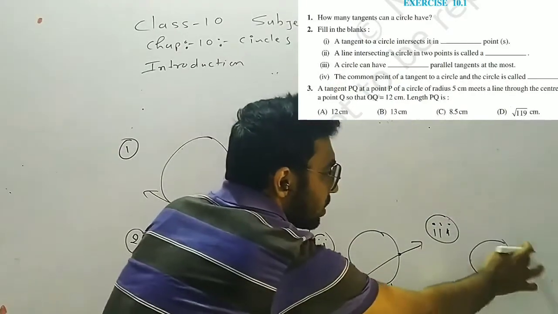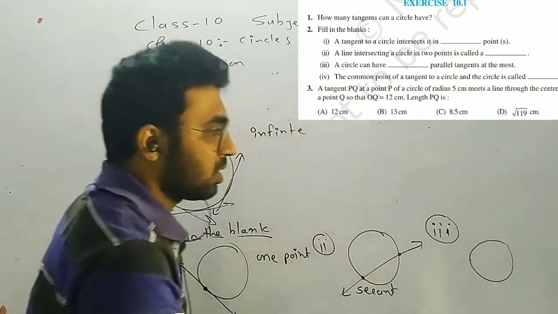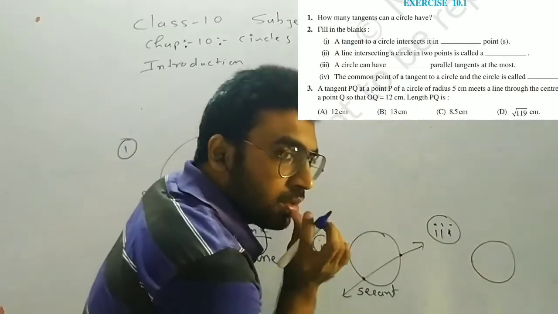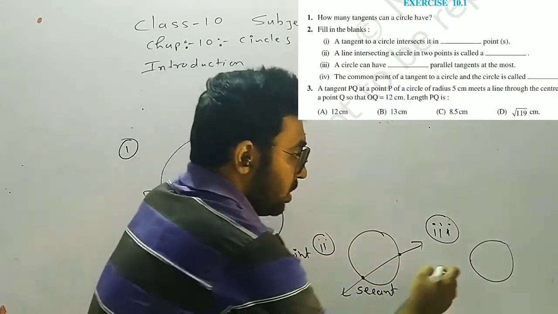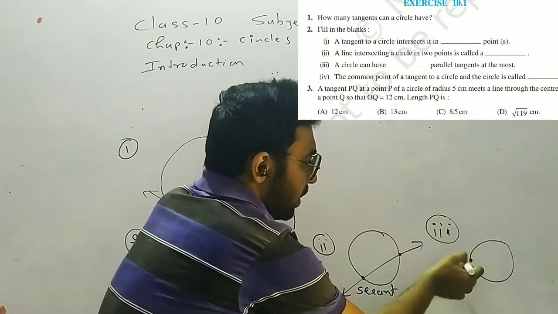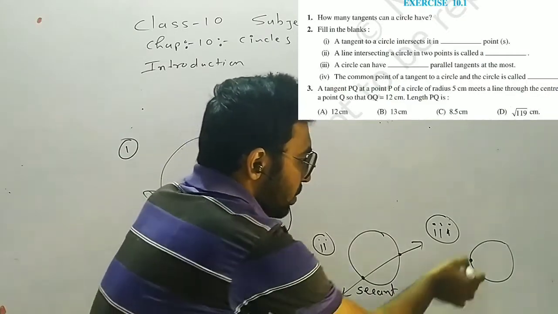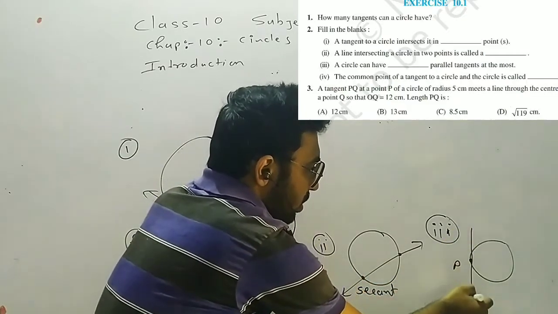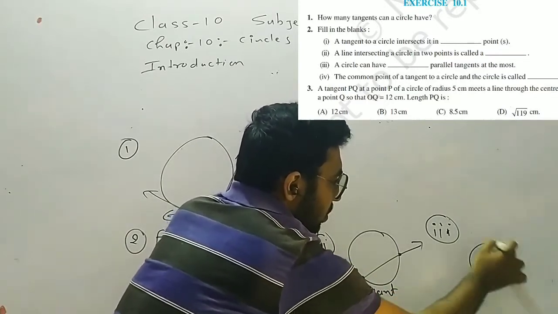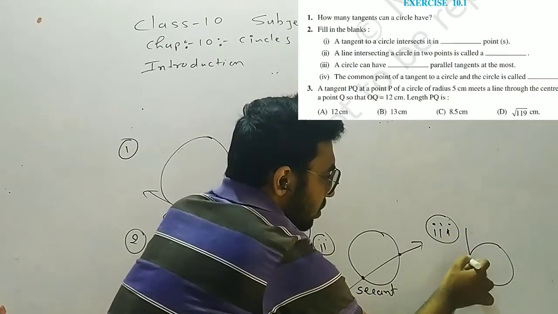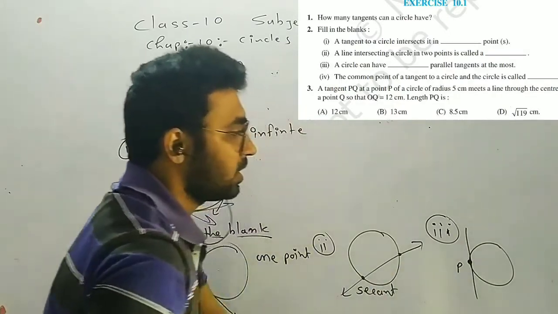Listen carefully. Suppose I am taking this point and making a tangent. Call it P. That is the tangent.